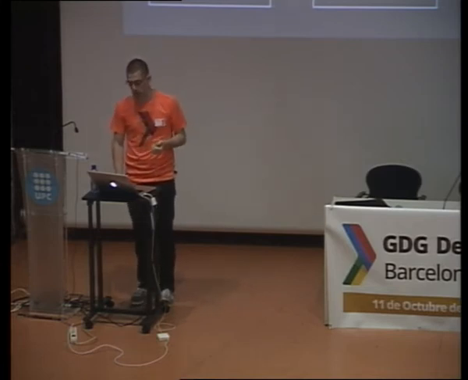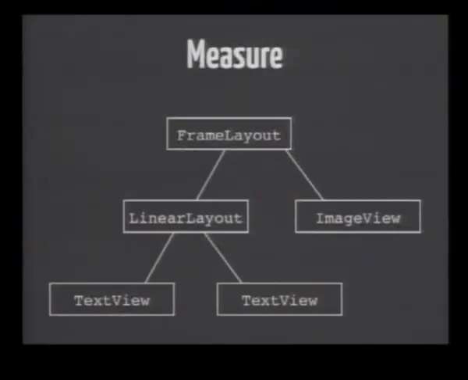And the LinearLayout will ask its parent, and we'll finally go to the root of the view hierarchy. And this is where the measure pass begins. So the FrameLayout will ask the LinearLayout, hey, what's your size? But the LinearLayout doesn't know its size if it doesn't know the size of its children. So it will ask the TextView to measure itself based on the constraints of the LinearLayout, of course. And once it is done, the TextView is flagged as measured.